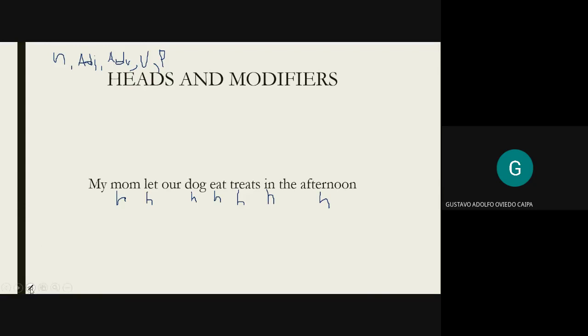So let's analyze one by one these heads and their modifiers. Let me erase this for the moment because it looks horrible. You already know which ones are heads, so I don't need this right here. Let's go step by step from left to right. We're going to begin with "mom."